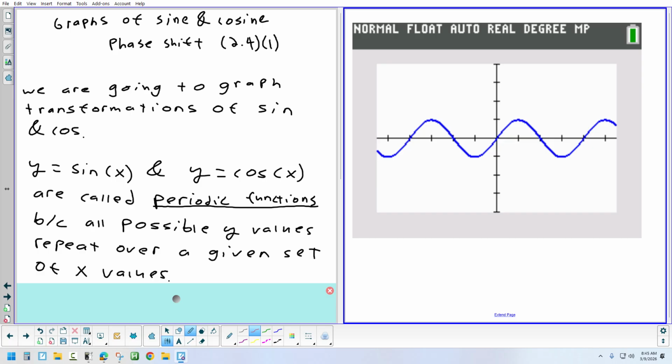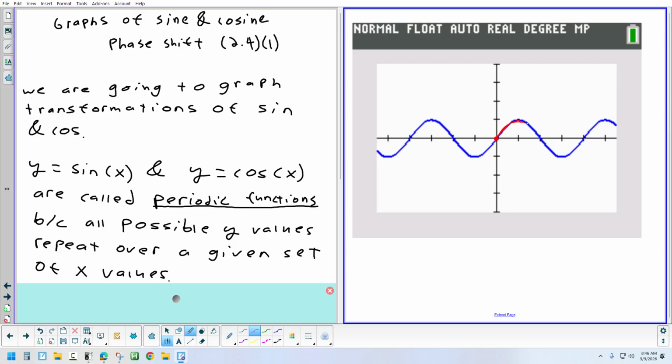Let's start right there. What's the y value of that red dot that I just put? 0. Yep. And then for this graph, it starts to go up, and it hits its highest value right there. What do you think that highest value is? 1. Yep, that's the highest it ever hits.